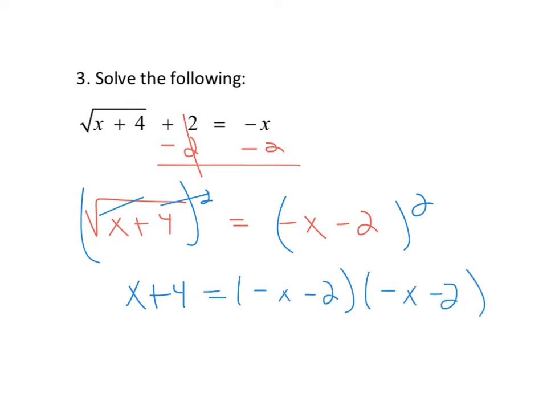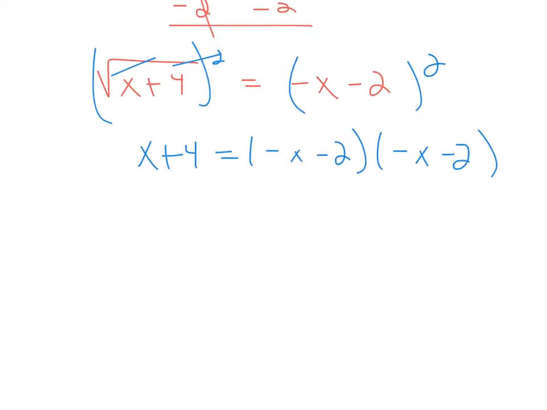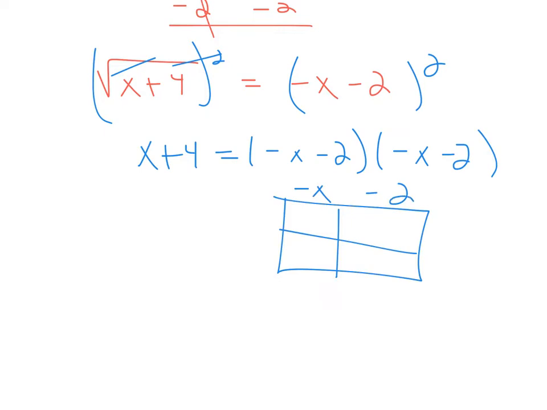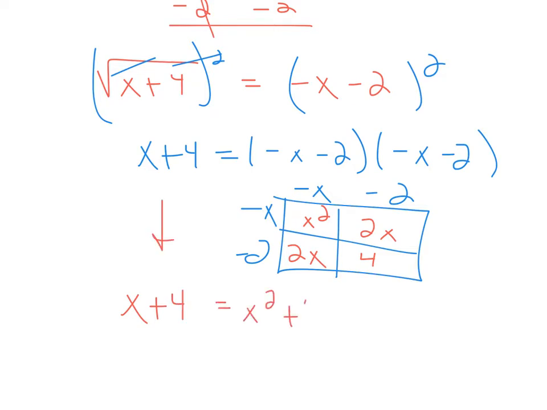Using the box method on the right side, negative x minus 2 times negative x minus 2, I'll get x squared plus 4x plus 4. And I'll have x plus 4 from this side equals x squared plus 4x plus 4.